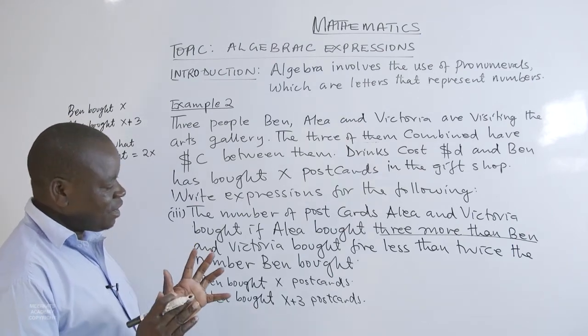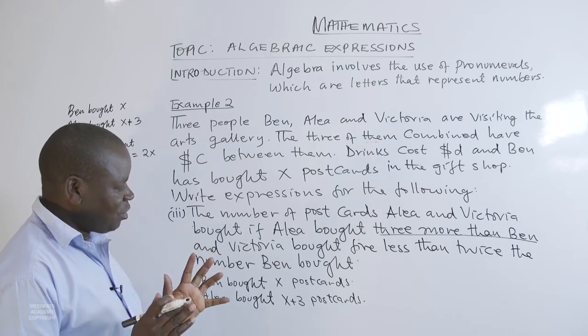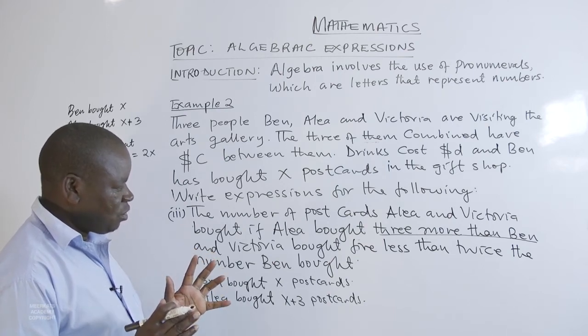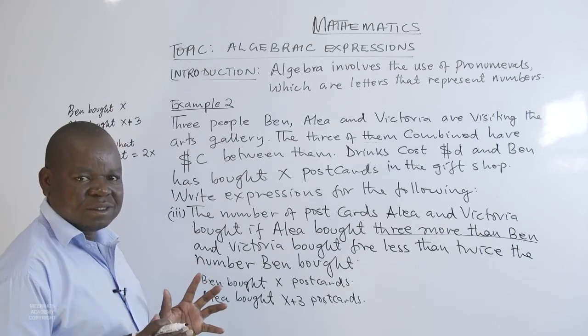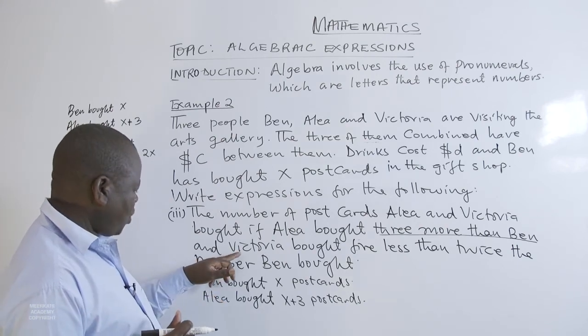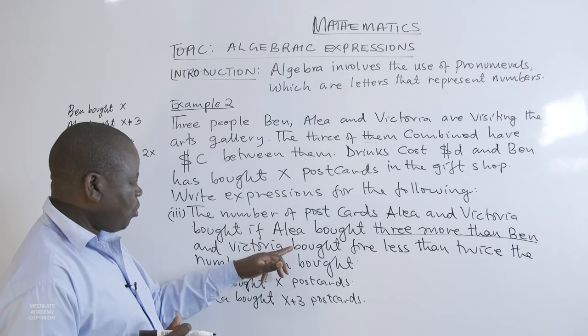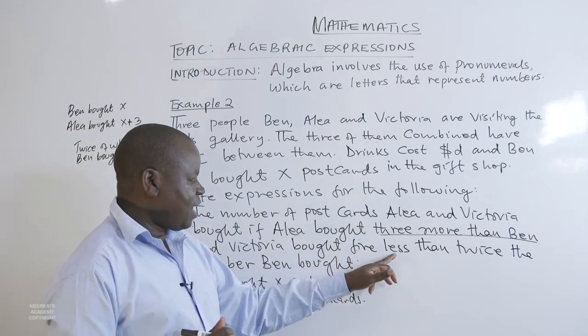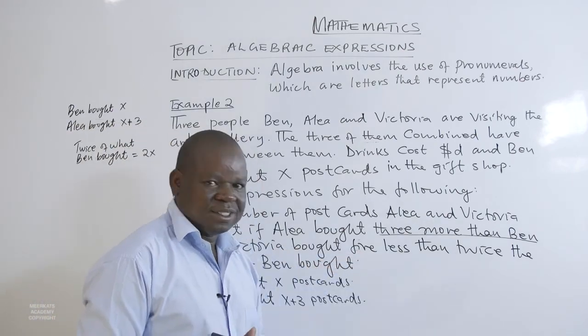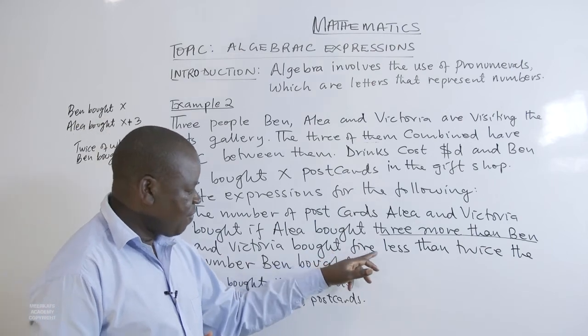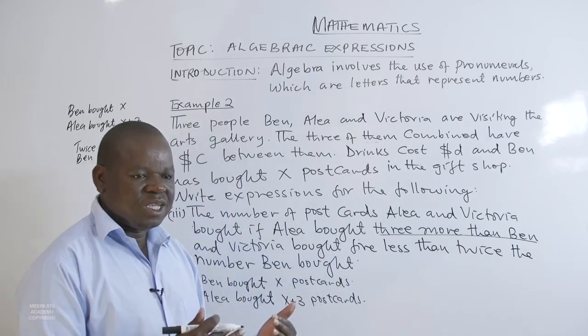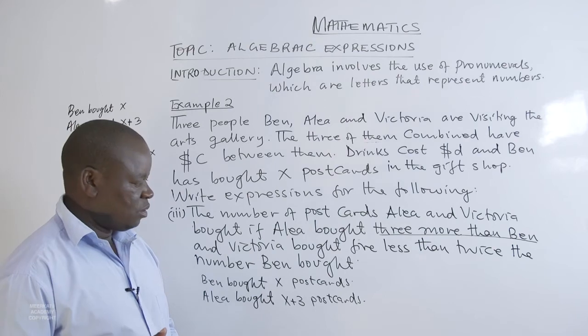So we want to get an expression of what Victoria is buying. Because Victoria, we've been told, bought 5 less than twice. Less means just below.